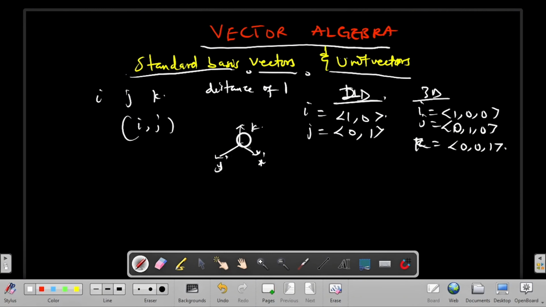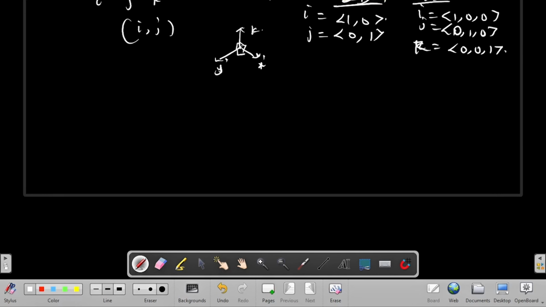They are all perpendicular to each other. These are the standard bases and you'll be seeing them a lot in the course of algebra. As I said, they all have a unit distance of 1 and they form the basis for every vector. Any vector can be expressed in terms of i, j, and k.